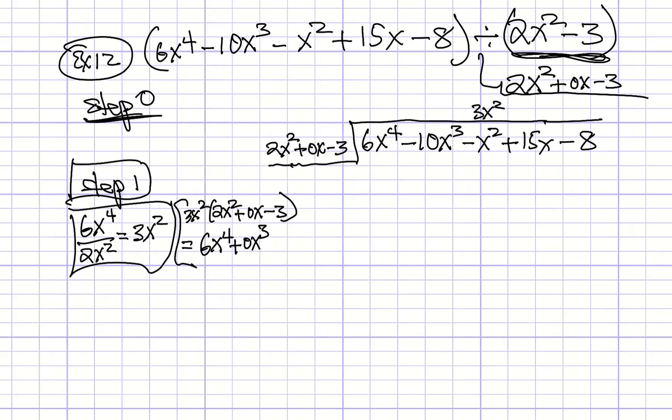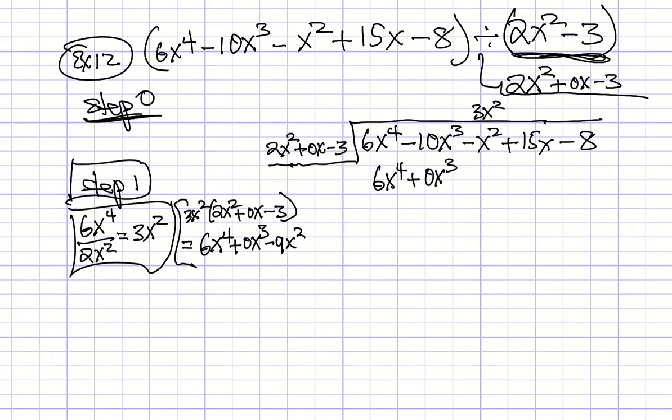It's just empty stuff, because 0 times x cubed is nothing. So negative 9x squared. So that's what we got. We'll put it over here, 6x to the power 4 plus 0x cubed minus 9x squared.